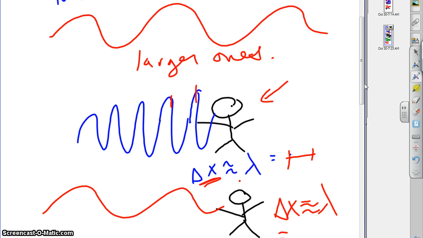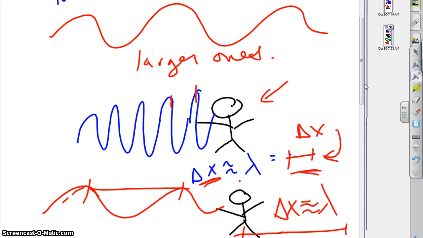So let's say an uncertainty of whatever that distance is right here. Delta x is, you know, 1.5 inches, or whatever it is that you want to say that is. Whereas if I use a red wavelength, the uncertainty is related to its wavelength, which is like 8 inches. So it's a much larger uncertainty.